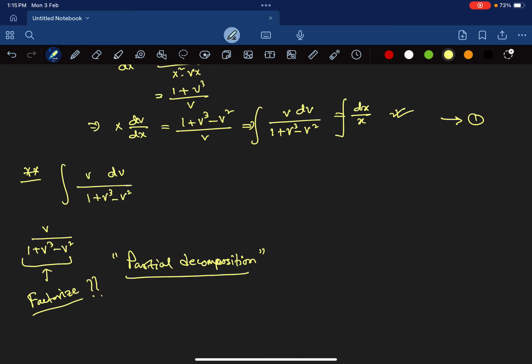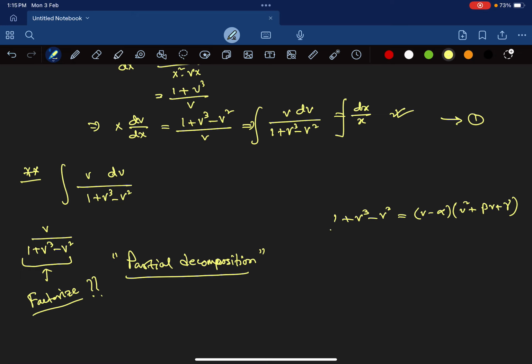That means what I am trying to say: if this 1 plus v cube minus v square can be written as, suppose, v minus alpha multiplied with, this is a cubic equation, so v square plus beta v plus gamma.